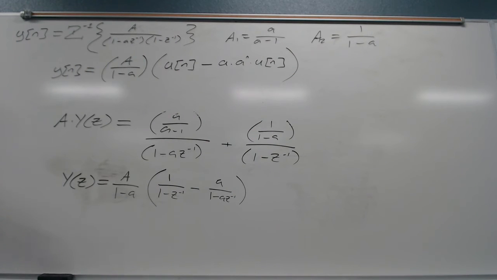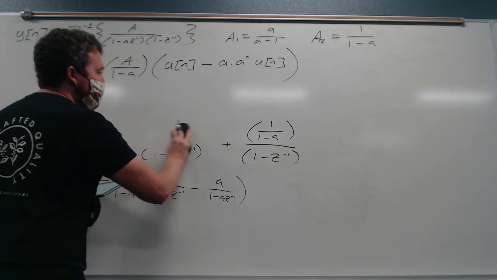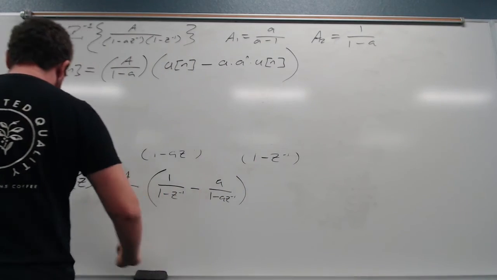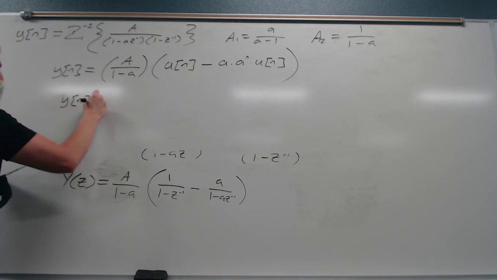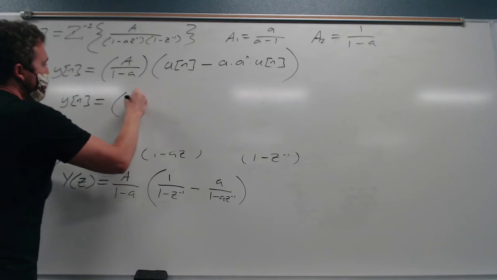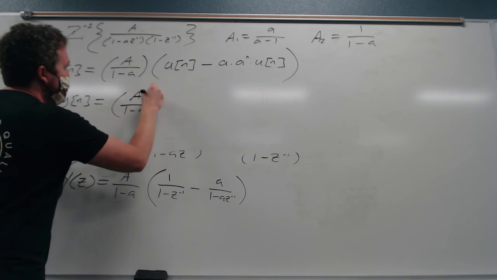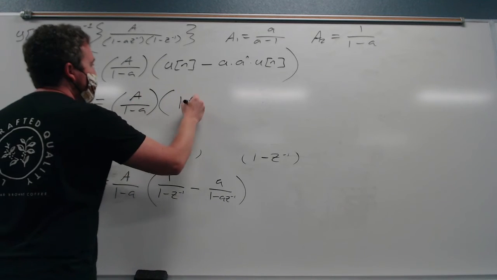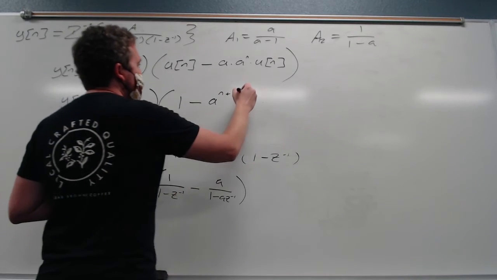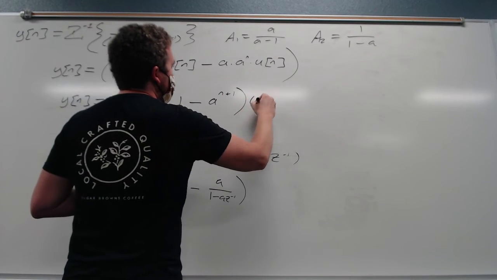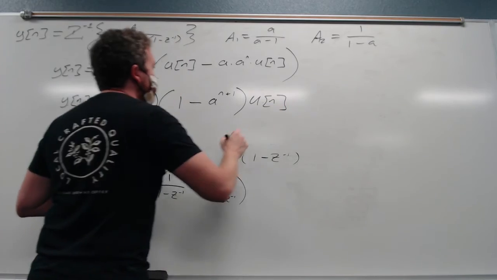And we could leave it there, but just for the heck of it, we'll simplify some stuff, and we'll say that our final result y of n is equal to big A over 1 minus little a times 1 minus a to the n plus 1, all of that times u of n.